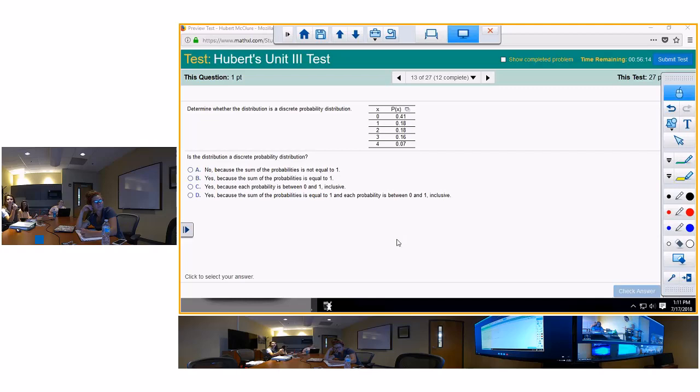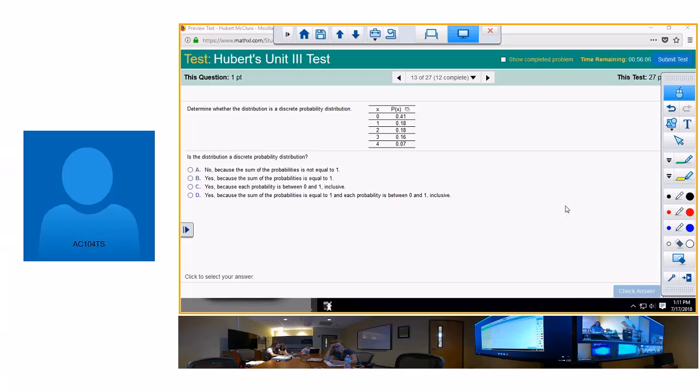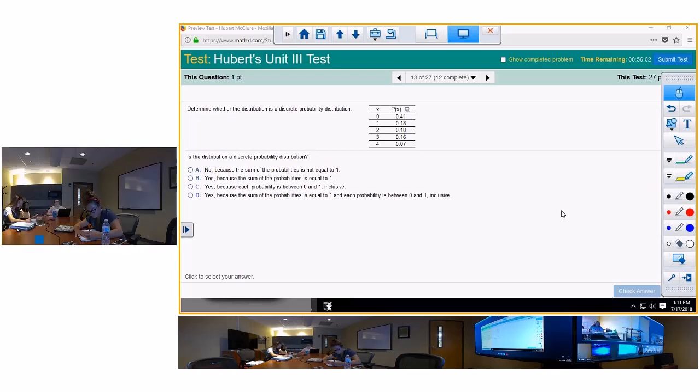Can you read those numbers? I can't see them. Ma'am, can you read the numbers in the second column? 0.41. I'll just draw it. How about that? That'd be great. We are going to work on that.